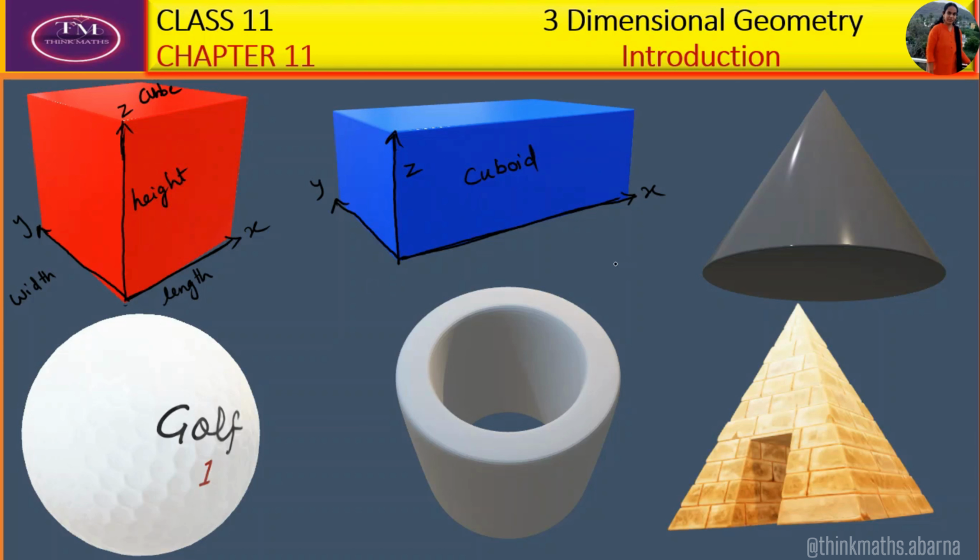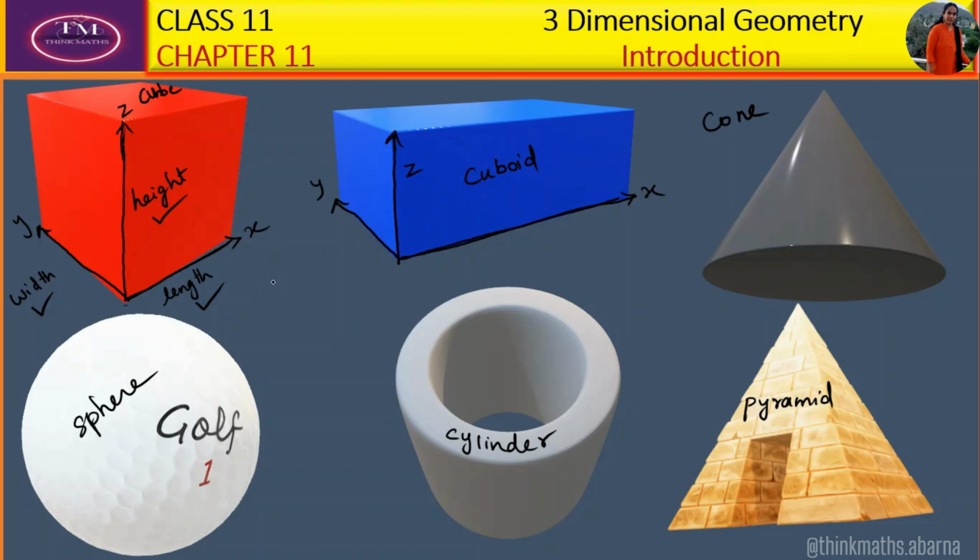In the same way, we will be having three dimensions for cone, sphere, cylinder and pyramid. We will be having length, width and height. In variables we note it as x, y, z.